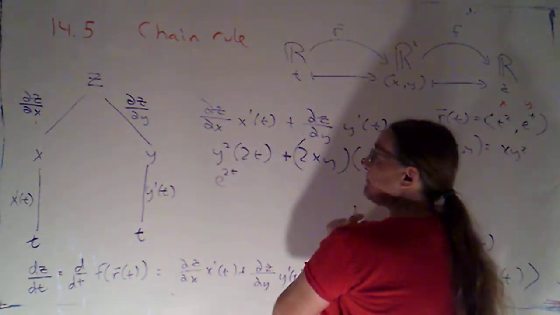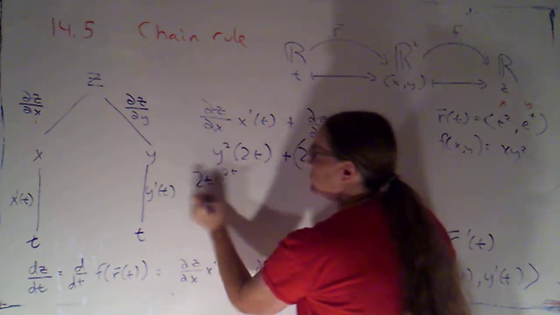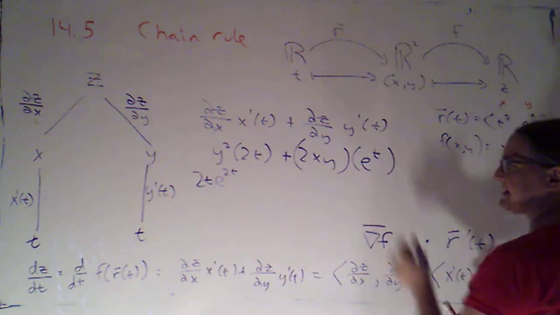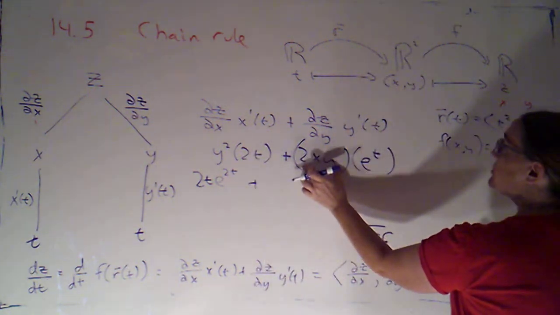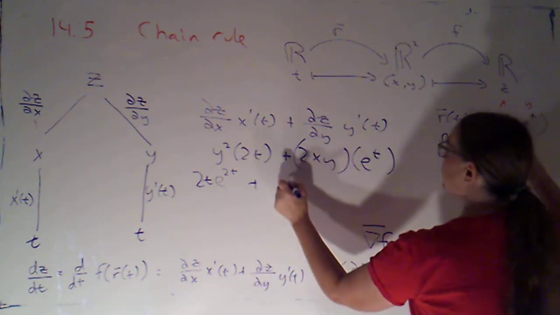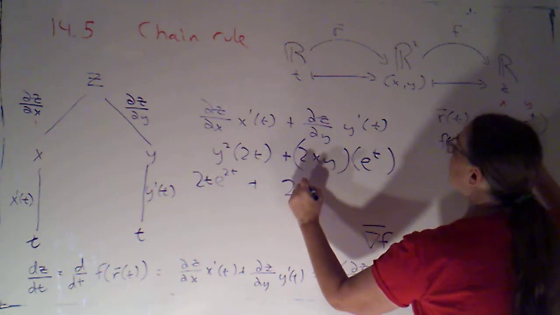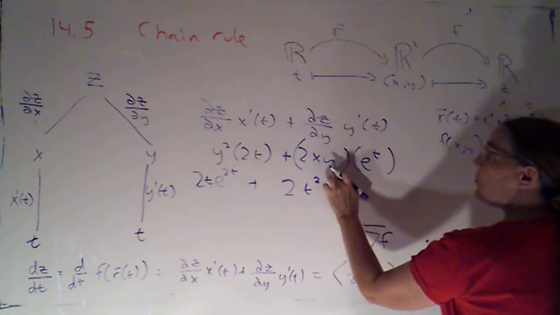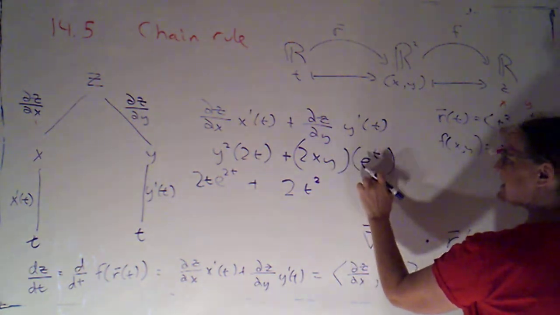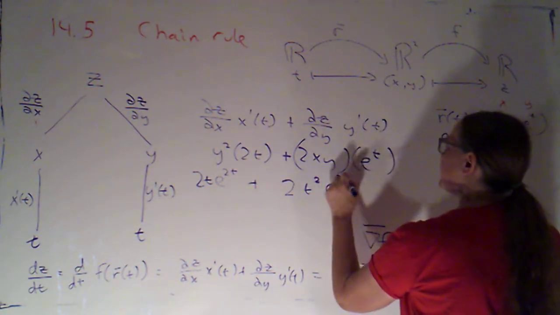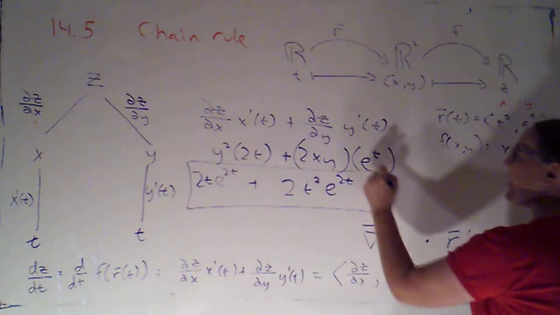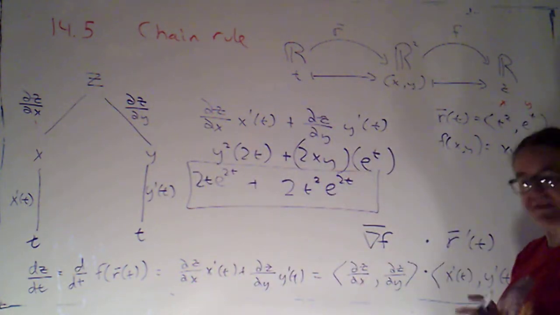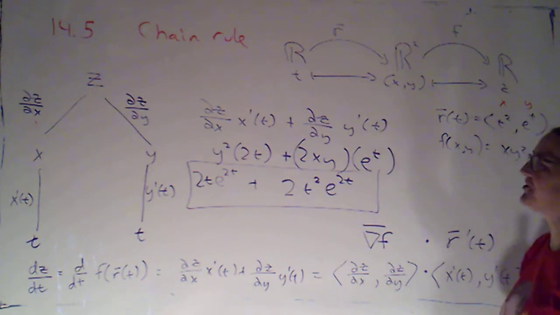I'm multiplying that by 2t. I'm just going to write the 2t first so that it's super clear that that's not part of the exponent. Okay. Plus 2 times x times y, that's going to become 2 times x was t squared. Y is e to the t times another e to the t, that's going to become an e to the 2t. So this would be my final answer for the derivative of this particular function composition.